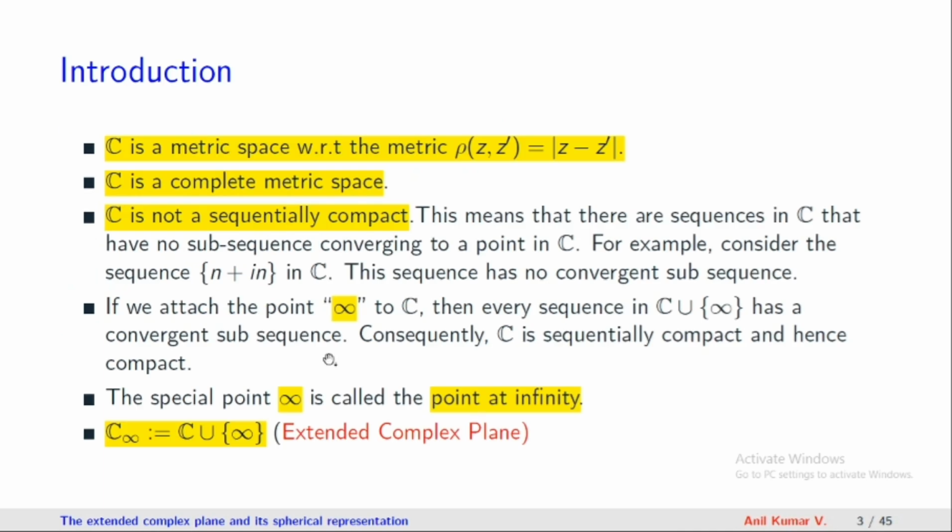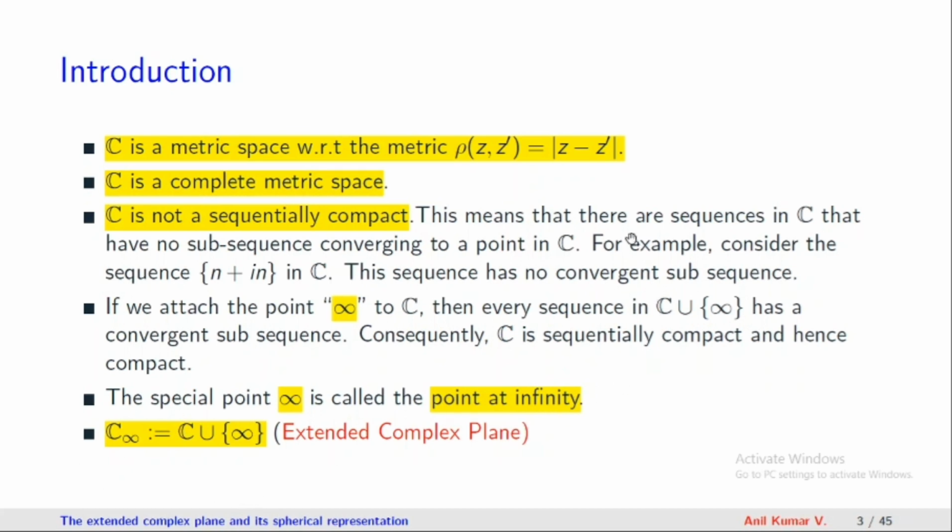Observe that C is a metric space with respect to the metric rho of z, z prime equal to modulus of z minus z prime, and this metric is called the usual metric on C. With respect to this usual metric, C is a complete metric space, and also observe that C is not sequentially compact.